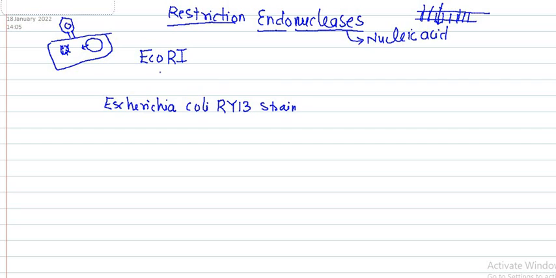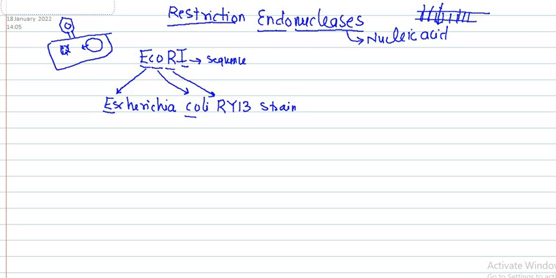So the first capital letter denotes the genus, the second two small letters denote the species, the next R represents the type of strain, and the last number represents the sequence of isolation of that restriction endonuclease enzyme.